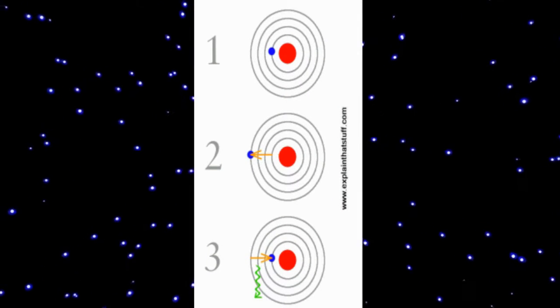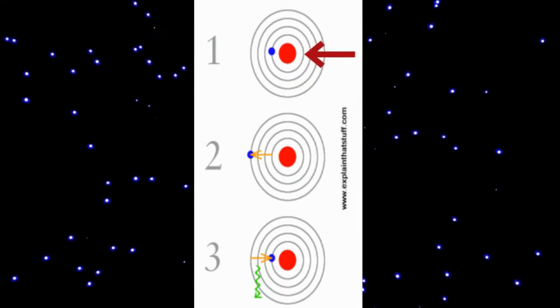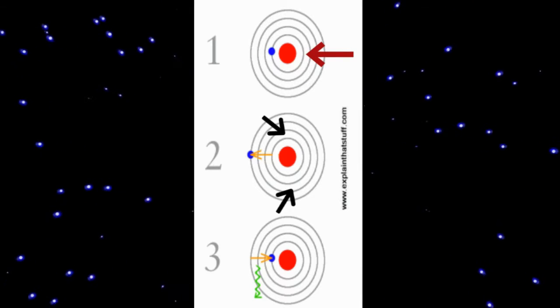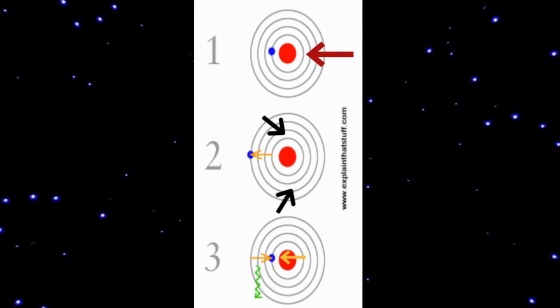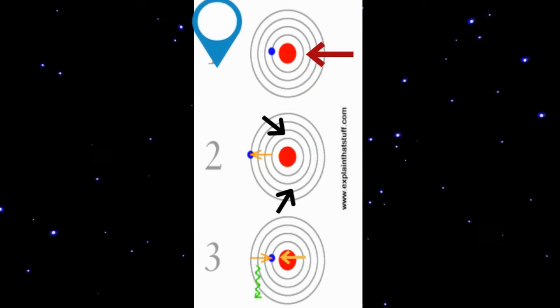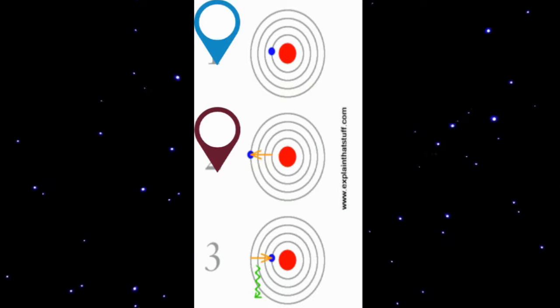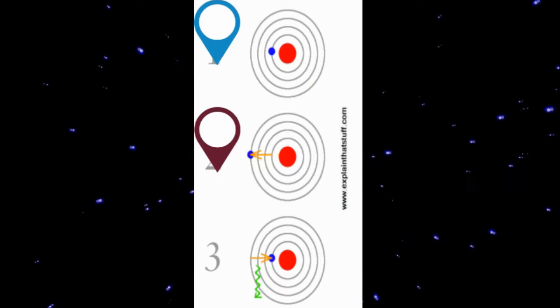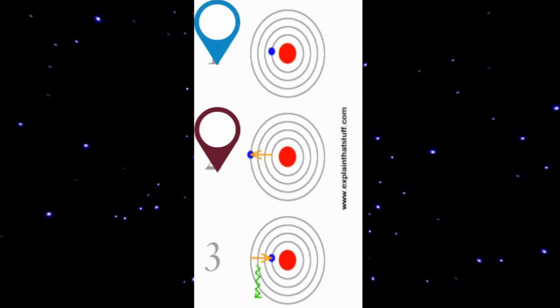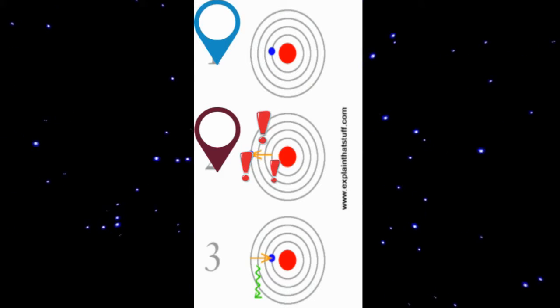To explain how atoms create light, let me show you a little picture. It kind of looks like our solar system. The center is like our sun, the orbitals represent the energy levels, and the blue ball is like our planets. At first, the atom is in a stable form. Once it starts absorbing energy, the electrons, sometimes one or sometimes more, are being kicked further away from the nucleus to a higher energy level.